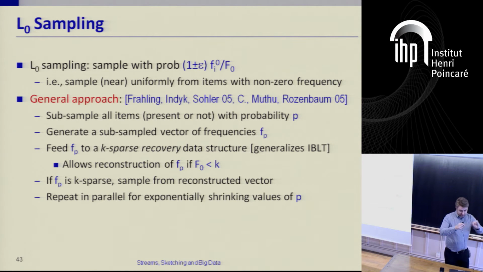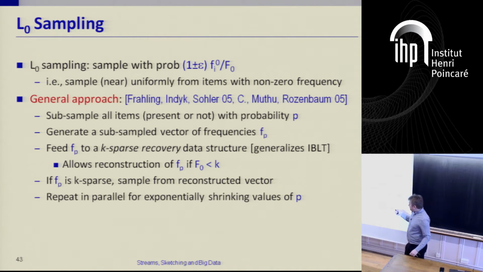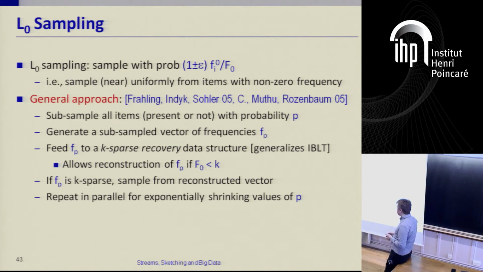That subsampled vector of frequencies, I then feed into another data structure, which I'll explain in a moment, called a k-sparse recovery data structure. It says if this vector is sufficiently sparse, if it has at most k non-zero frequencies, I can recover that vector exactly. But if it's more dense, if it has lots of non-zero frequencies, then I won't be able to recover it.